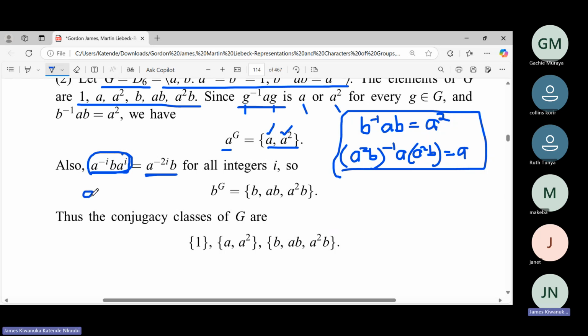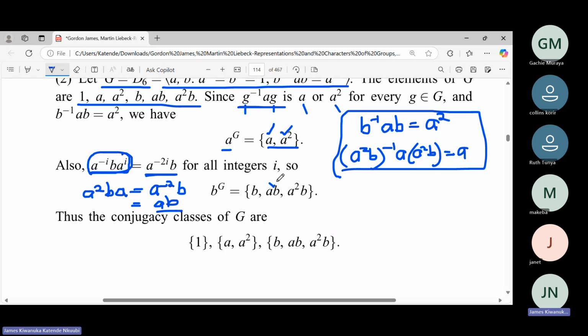This will be A inverse, and A inverse is just A squared, BA. So the claim is that this will be A to the minus 2, the inverse of A squared. But the inverse of A squared is just A. It's AB.